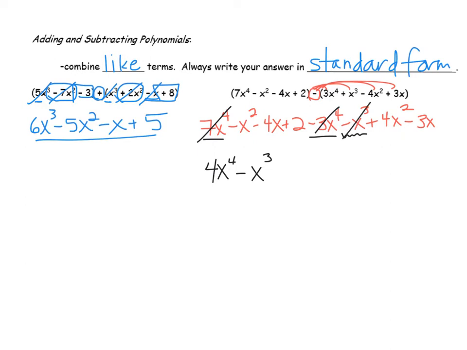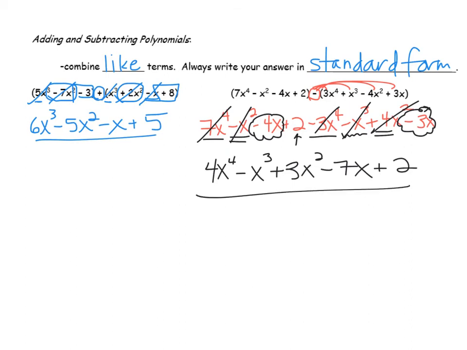My quadratic terms, we've got negative x squared plus 4x squared for positive 3x squared. Negative 4x is the next linear term. Minus 3x, now we can use that one, will give us negative 7x. And then we have our constant of plus 2. And voila, written in standard form.